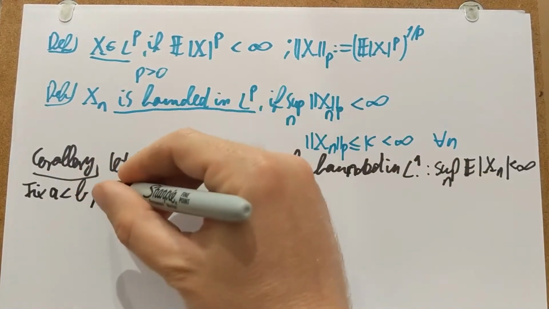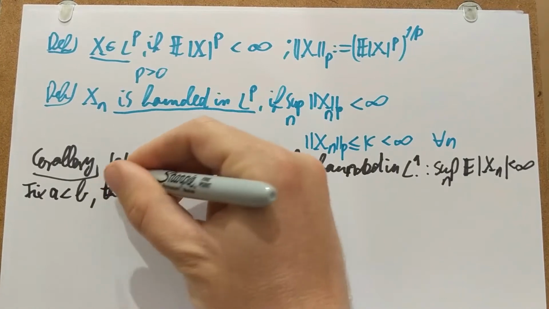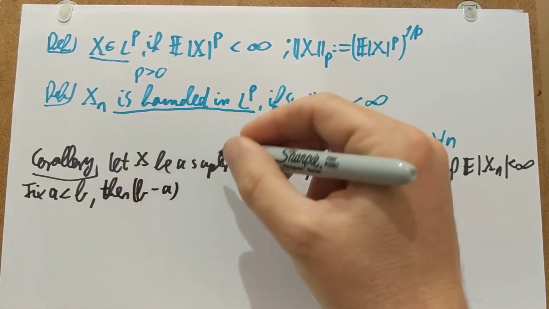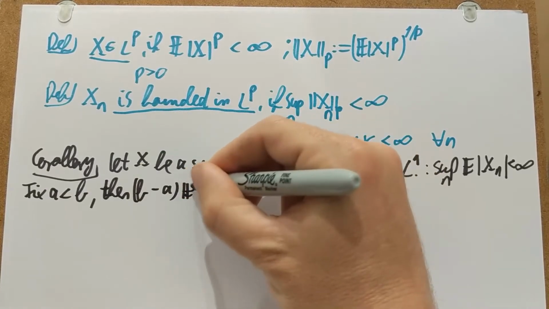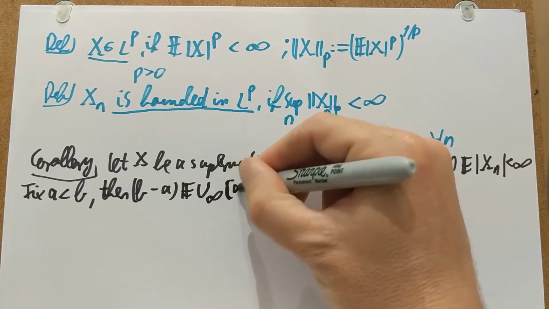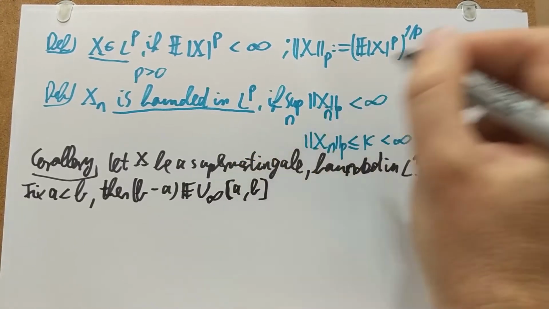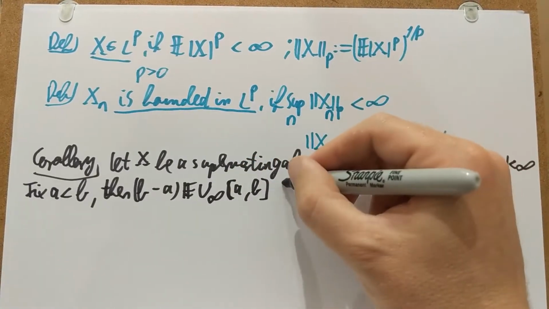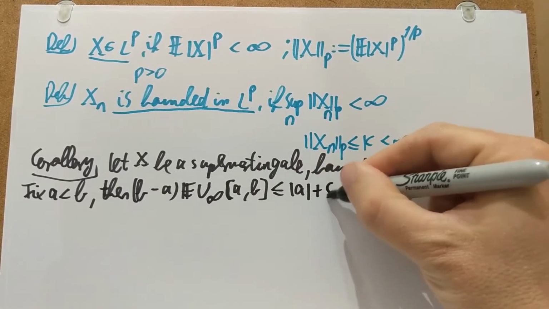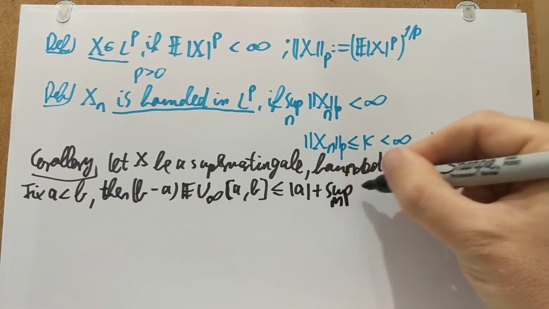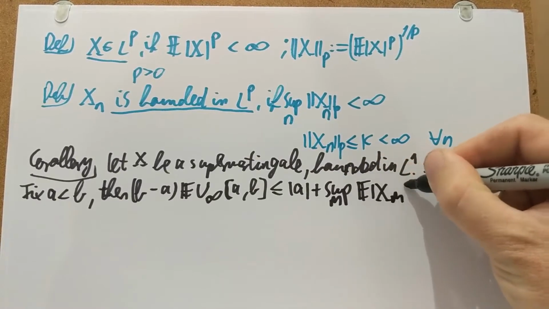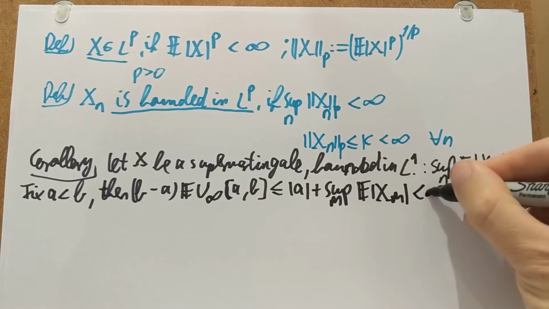And so the statement is that in this case, (b minus a) times the expected number of upcrossings to infinity, so I don't stop in time, I look at all the upcrossings all the way down to infinite time, is smaller than or equal to the modulus of a plus the L^1 bound, the supremum over m of the expectation of |X_m|, both of which are finite.